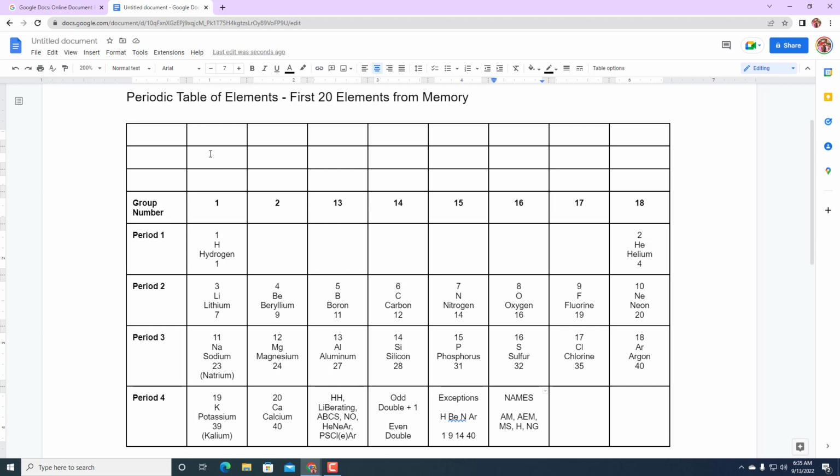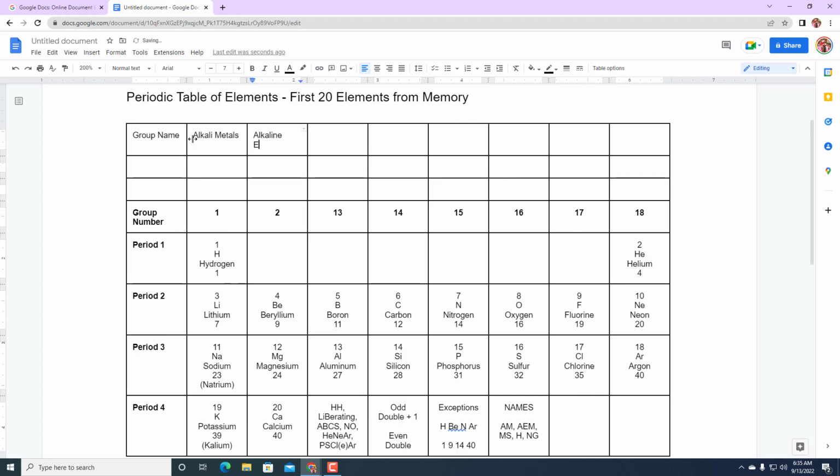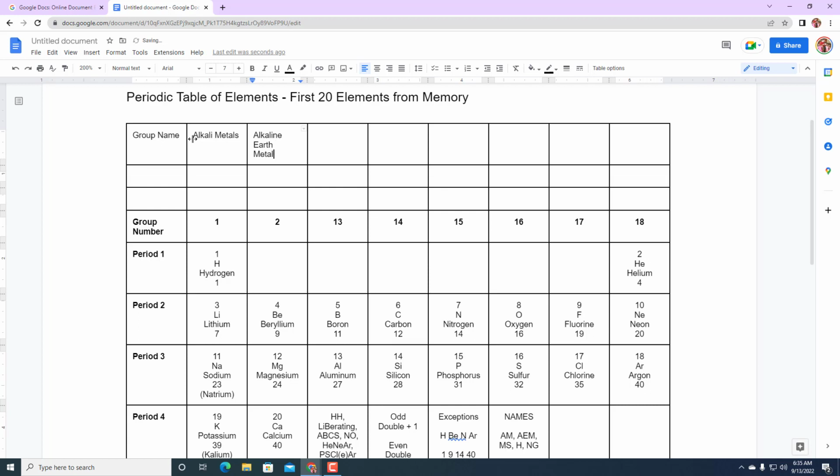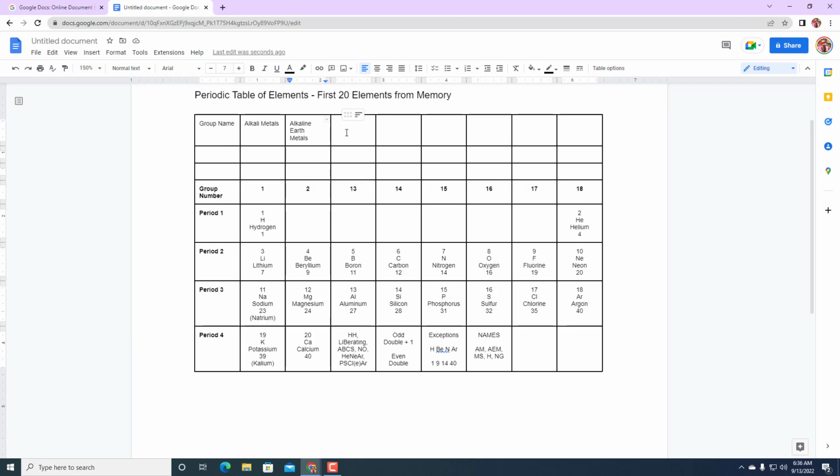Okay, so let's start with this first group name. And what we can do is we can just kind of put this up here. So group name, and we'll put alkali metals, and then alkaline earth metals, and we're kind of losing everything, so we may have to reduce to maybe 150% here so that we can see everything.